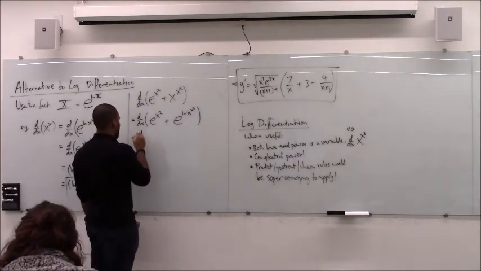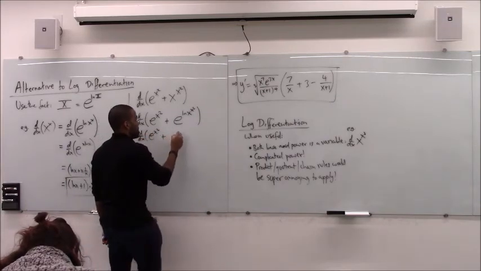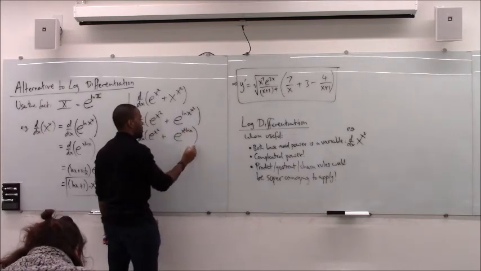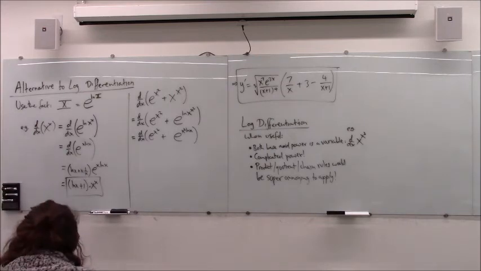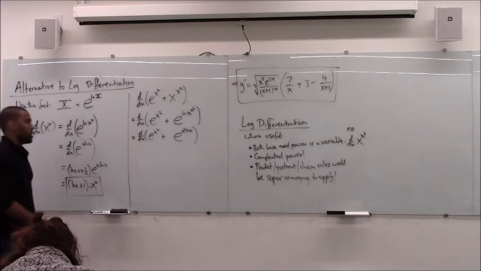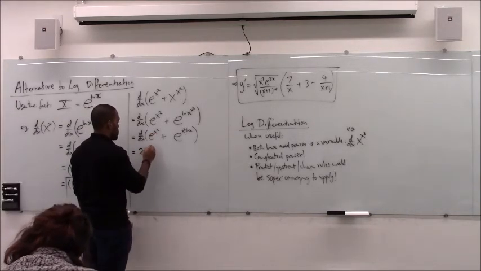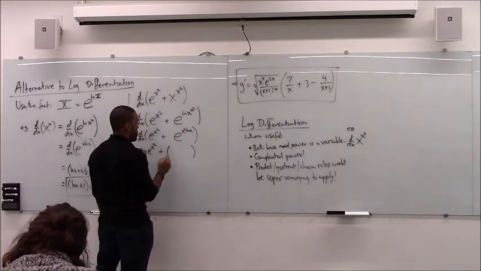I can simplify this even a little more. So this is e to the, I can bring the x squared down, x squared ln x. And now I can use the same rule to kill both of them, u prime e to the u, because these are both e to the something. So u prime e to the u gives me 2x e to the x squared plus u prime e to the u, well that's a product rule.